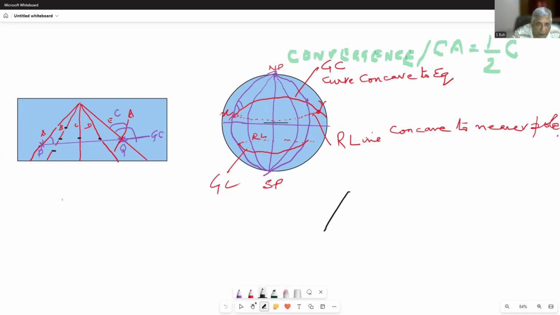These are the meridians in northern hemisphere. At equator, these meridians are parallel to each other, and then they converge onto the southern hemisphere. These are the parallels of latitude.